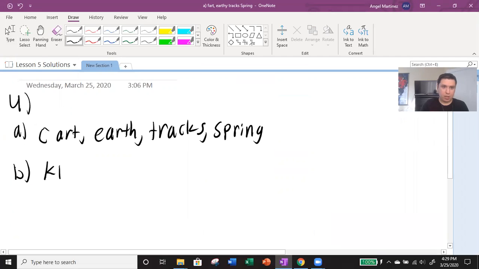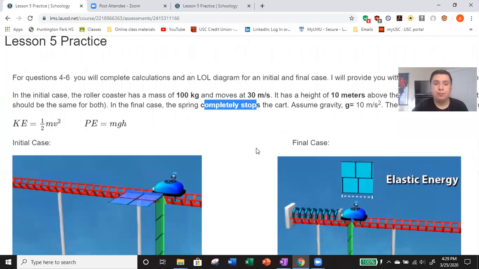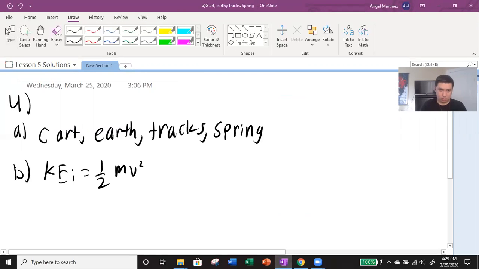So KEI equals 1/2 mv squared. And we have M right here, 100 kilograms and moves at 30 meters per second. So that's your V. So based on the problem, M equals 100 and V equals 30.